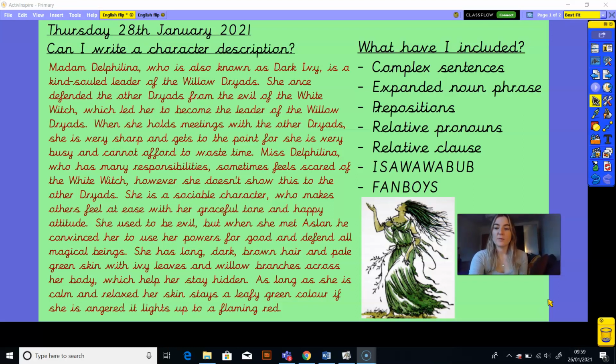So let's get on with one of our last English home learning lessons for the week. Yesterday you would have designed your own character, either a dryad or a naiad. Remember, a dryad is a tree spirit or nymph that lives amongst the trees or as part of a tree.